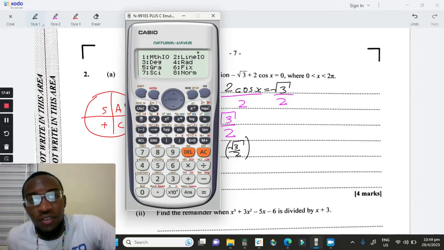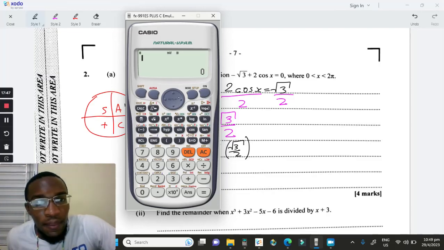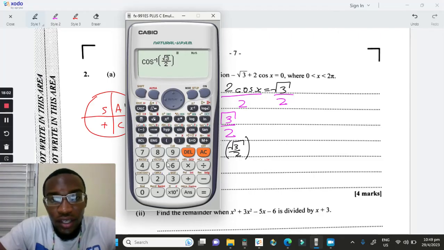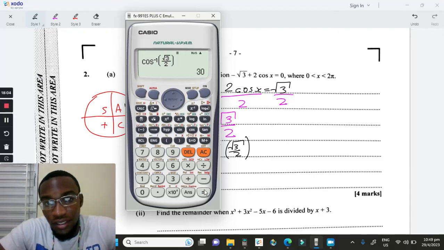Now it's in matrix form, so let me put it in regular fraction form first. I need to change the mode. There we go. So cos inverse root 3 divided by 2, close the bracket, equal to, that's 30, but that's in degrees.